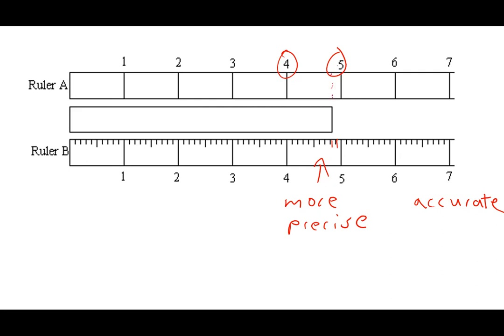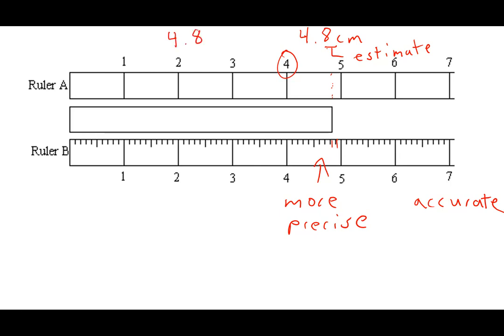And using an estimate, I would say that this is 4 point, let's say, 8 centimeters. This last digit right here, this 0.8, is an estimated digit. And due to this ruler not having any markings, that's the only digit that I can estimate. I can't go any further.